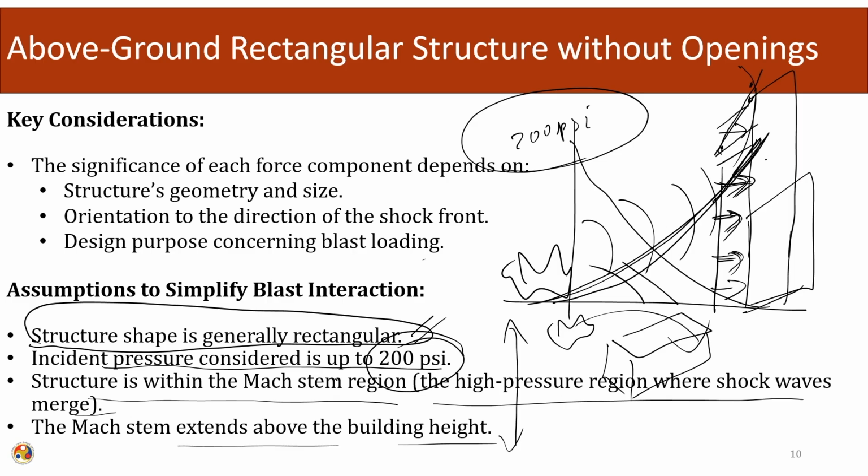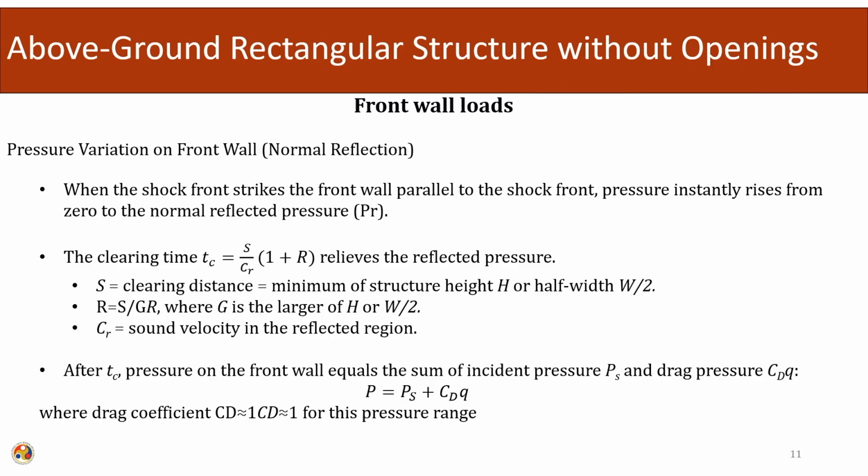If the incident pressure is more than 200 psi, we will also have to make some considerations. As we deal with different geometries of the structure, we will have to refine our analysis as we go further.